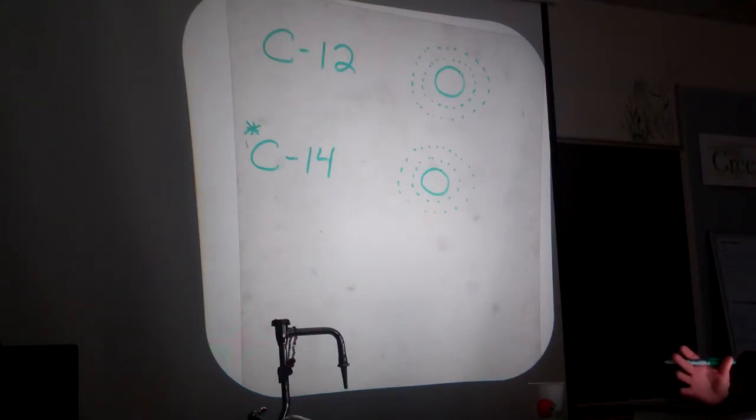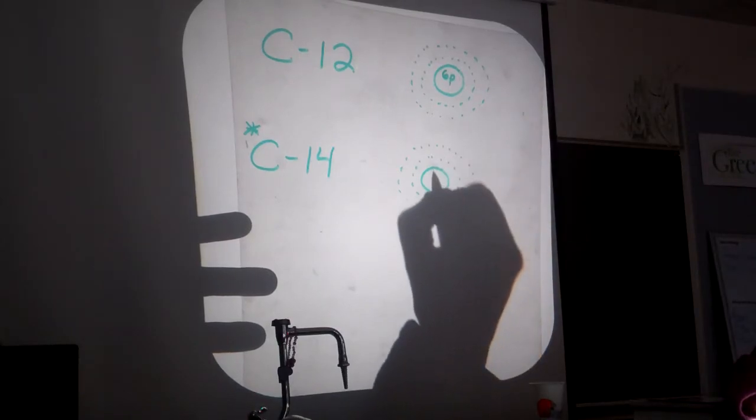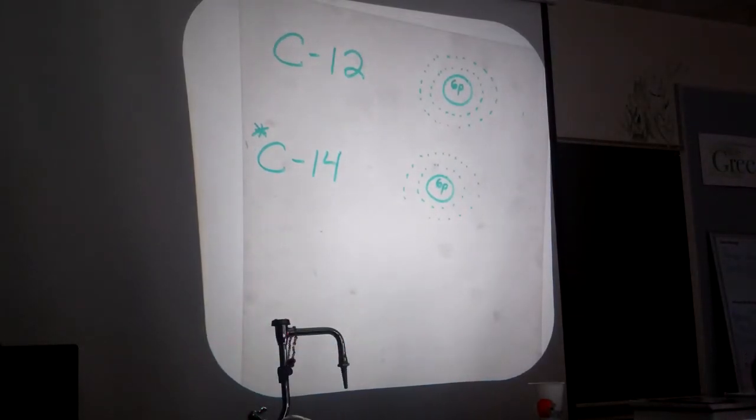Where'd you get that number from? Because that's like the regular carbon on the table. On the periodic table of the elements, you find carbon, and it's located at position number 6. That 6 tells me that it's going to have 6 protons in this one and 6 protons in this one. And you should remember, protons are located in the middle, on the inside of the nucleus.